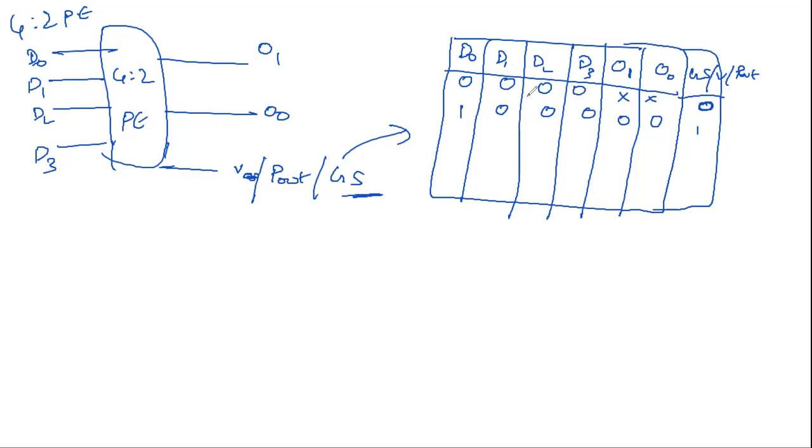So I want 0 1 as output. 0 1 output means what? D1 must be 1.